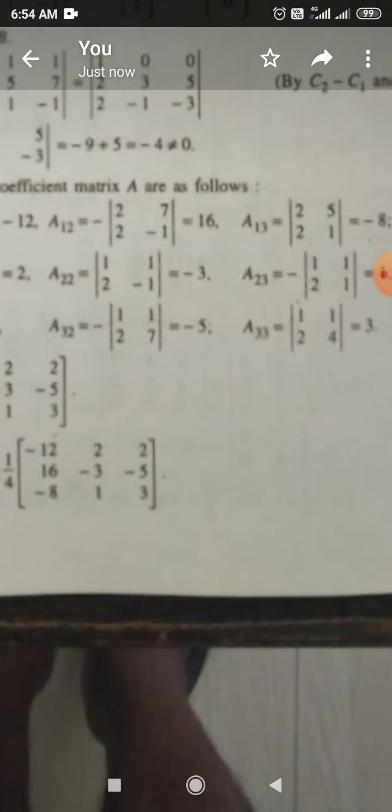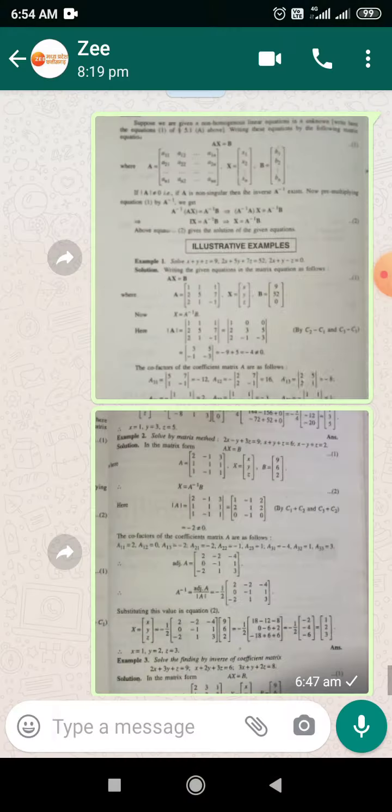So A inverse is equal to adjoint A upon determinant A. The adjoint is the matrix in front of you, upon determinant A. The value of determinant A is equal to minus 4. So it can be expressed as minus 1 by 4 into this adjoint matrix. So this is the inverse matrix.